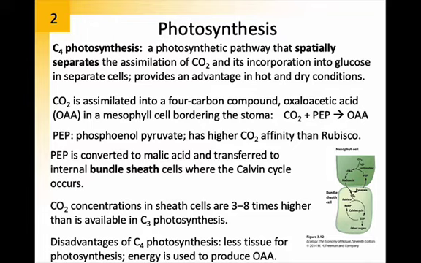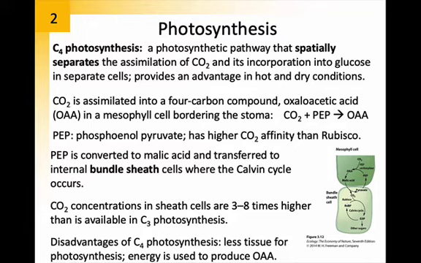Now, in the C4 pathway, you get oxaloacetic acid absorbing the CO2 from the atmosphere. It's converted to malic acid and transported into the special bundle sheath cells where the CO2 is split off, pyruvate is regenerated and transferred back into the mesophyll cell. And then the CO2 that's liberated gets fed right into the Calvin cycle just as it would be in C3 photosynthesis.